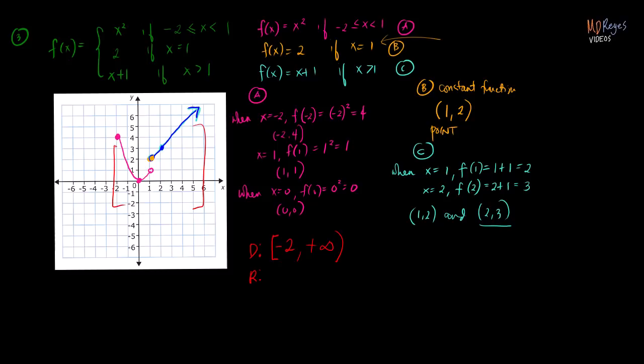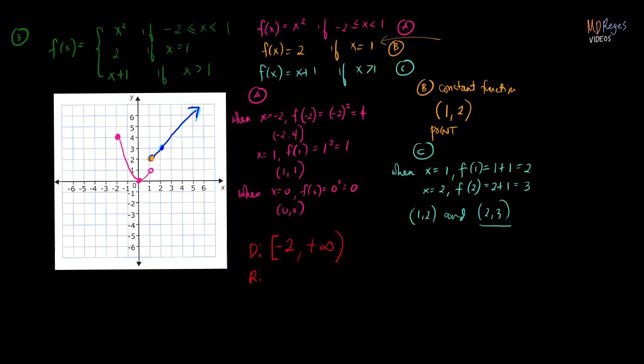There are points on the graph. So all the numbers in between -2 and positive infinity are included in the domain.